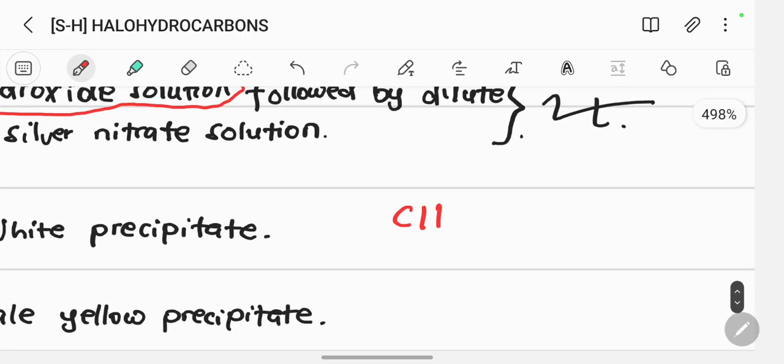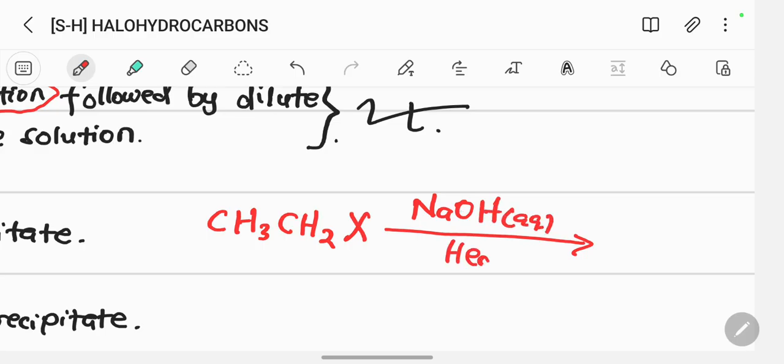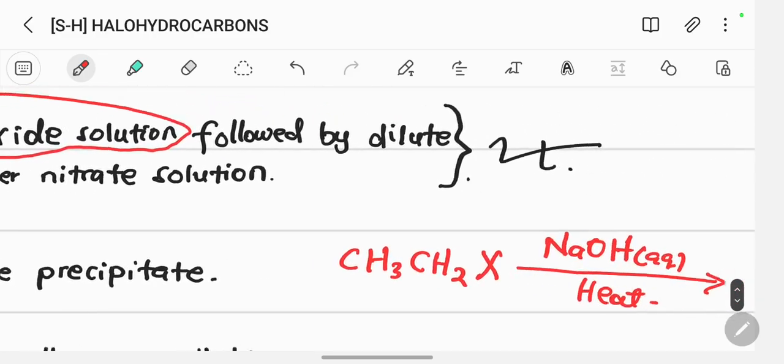If I'm having CH3CH2 and the halogen there, and I add in sodium hydroxide, you remember that when you put in sodium hydroxide and heat, that's what we call hot sodium hydroxide solution.